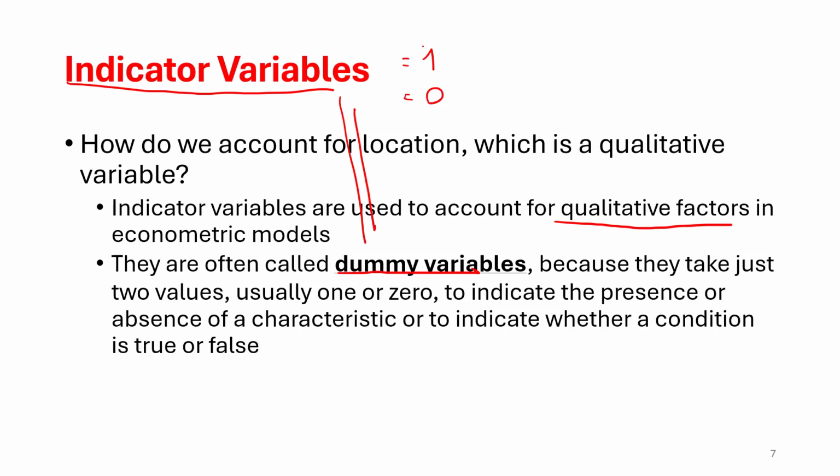For example, rural and urban, you may say that urban equals 1, rural equals 0. This technique we call indicator variables or dummy variables.